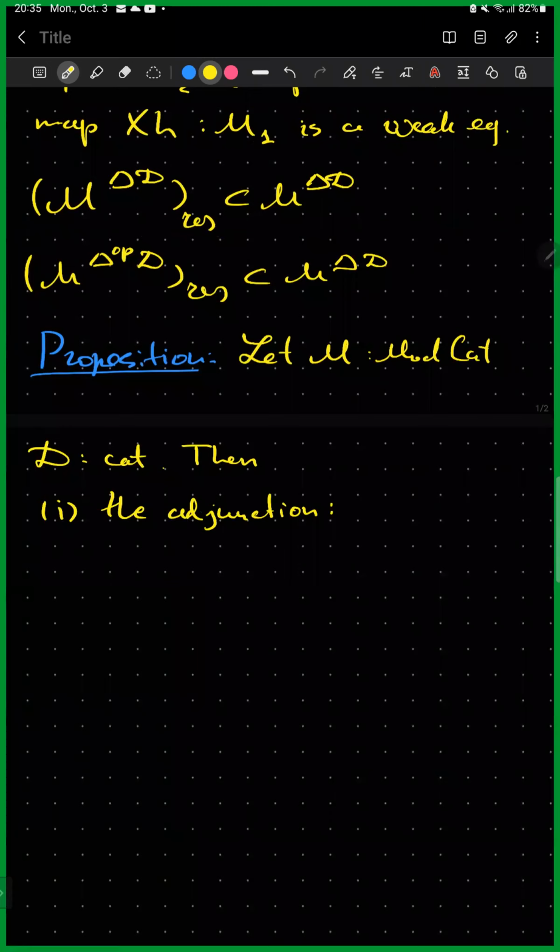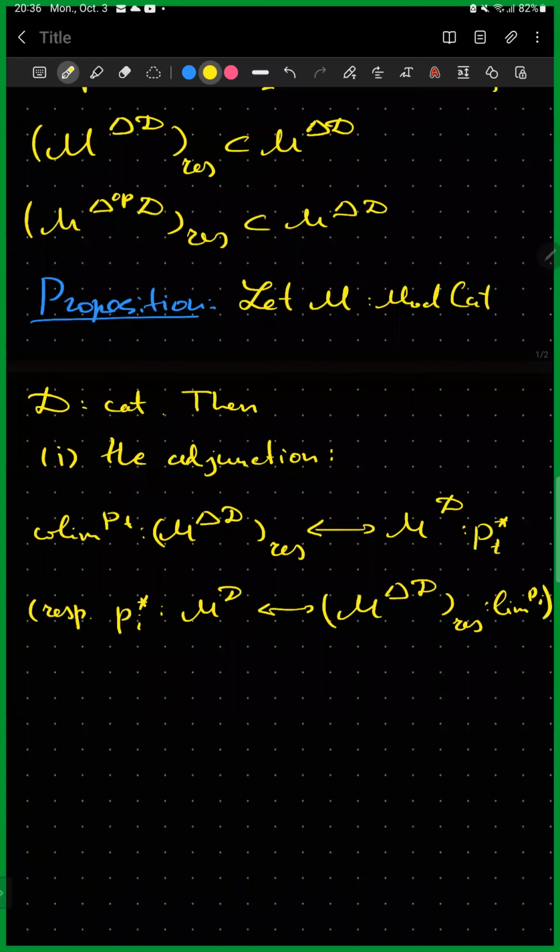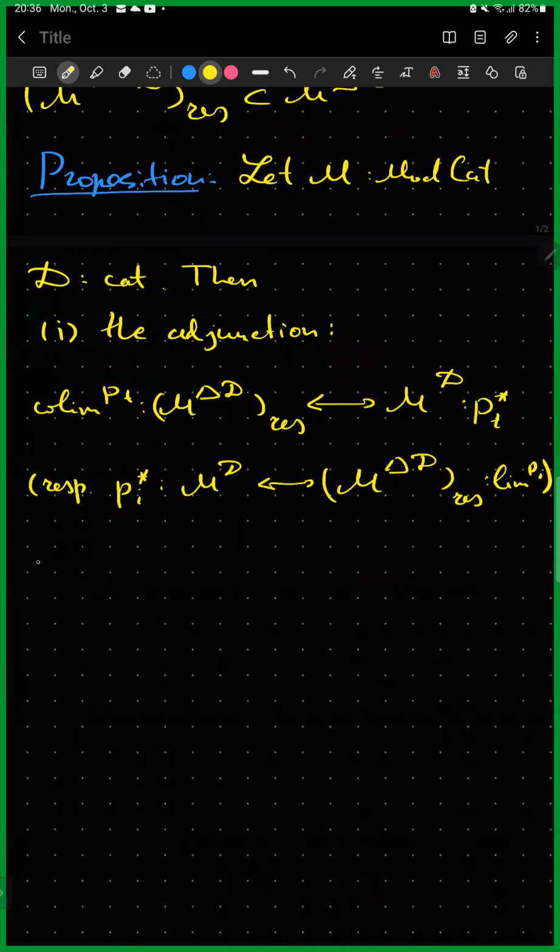So we have an adjunction like this. And respectively, we have an adjunction involving the initial projection functor. So this is a deformable adjunction.